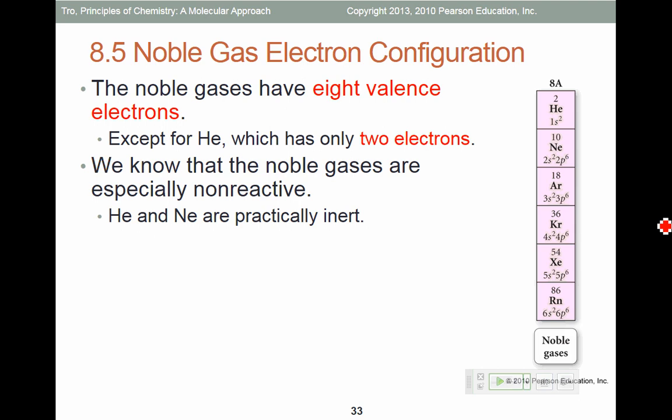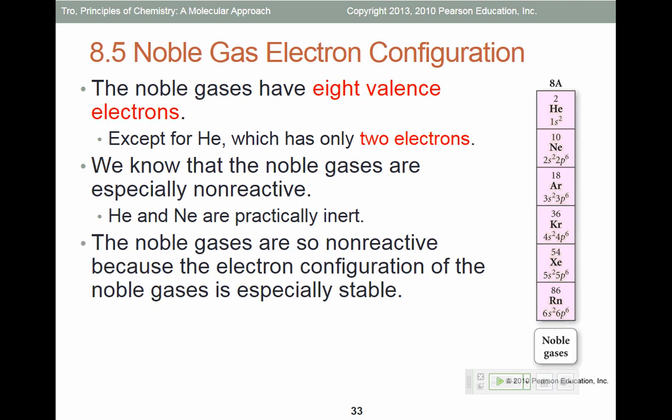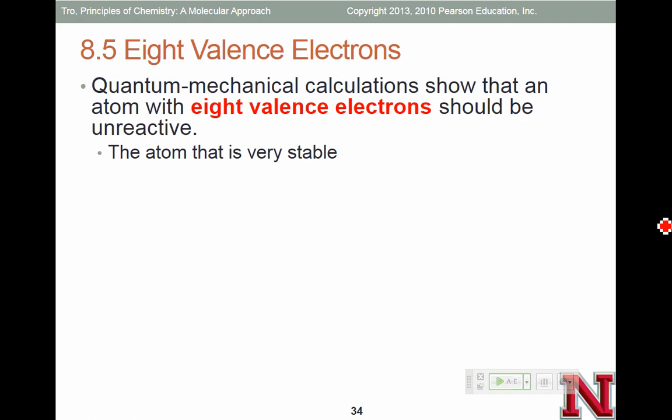And we know that they're non-reactive, and the reason why they're non-reactive is their orbitals are full. Their valence orbitals are completely full. The noble gases are so unreactive that we call them really stable, and we'll often call them inert, meaning that they don't react. So this 8 valence electrons, we call this our octet rule.